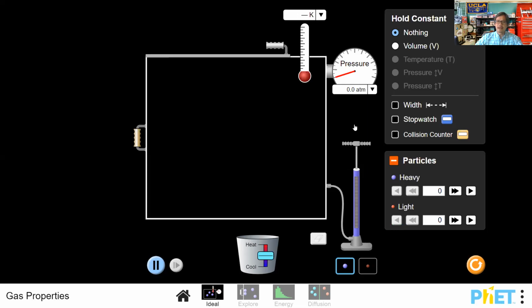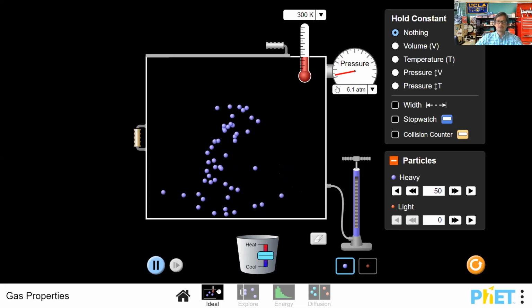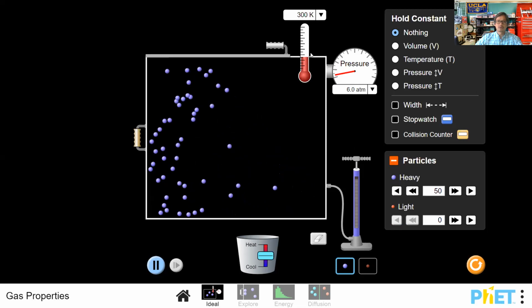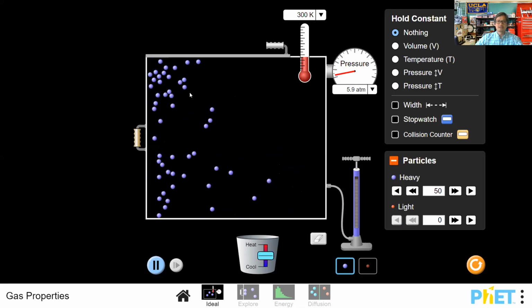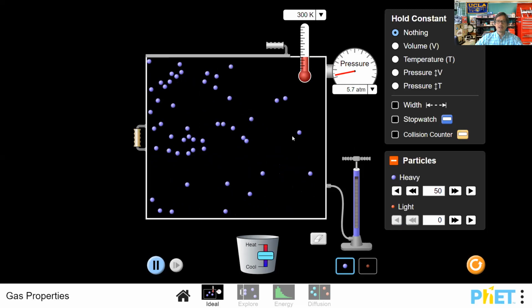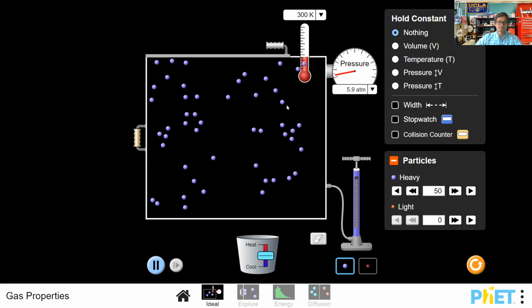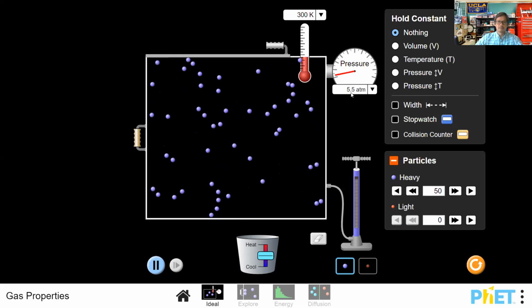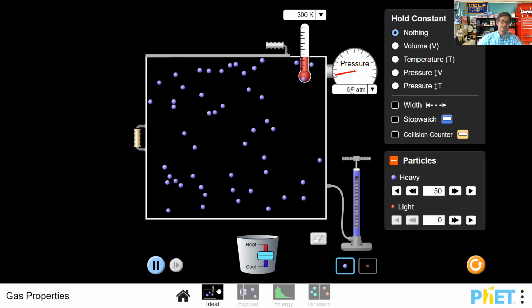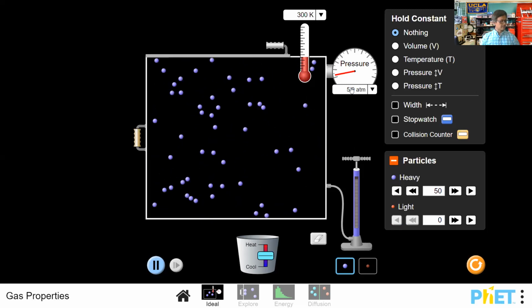We saw yesterday that as we added gas, as soon as you add the gas, there it is. The pressure gauge starts to move up, the temperature starts to move up. We have a temperature now, and it's these gas particles here that are moving and colliding with one another. It's these collisions that result in the pressure that we observe as we look at the gases.